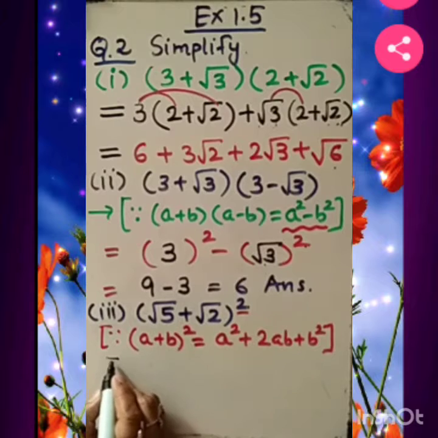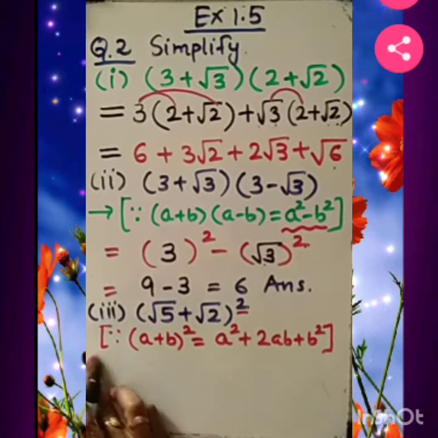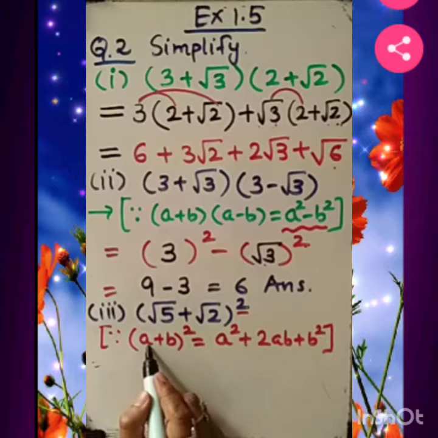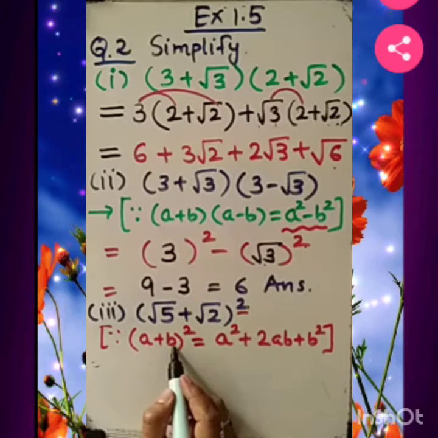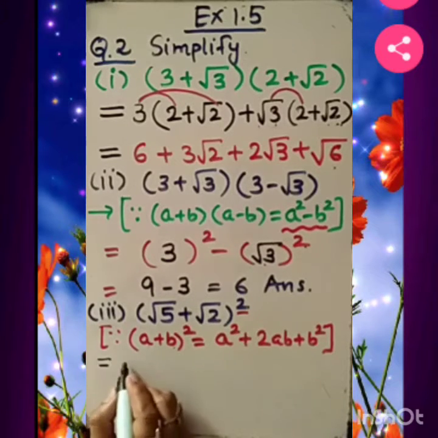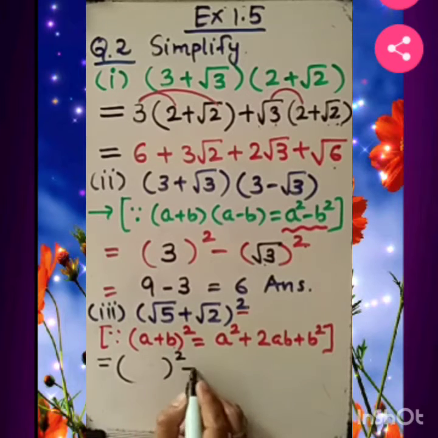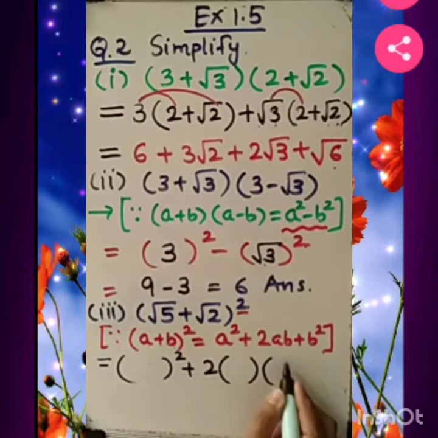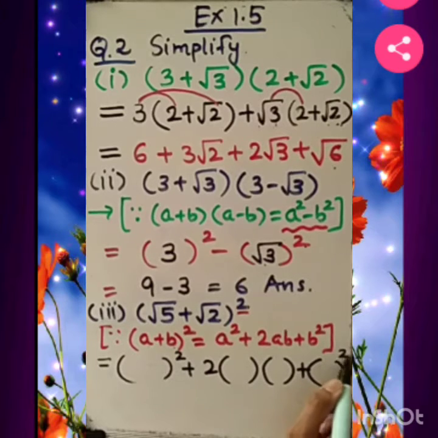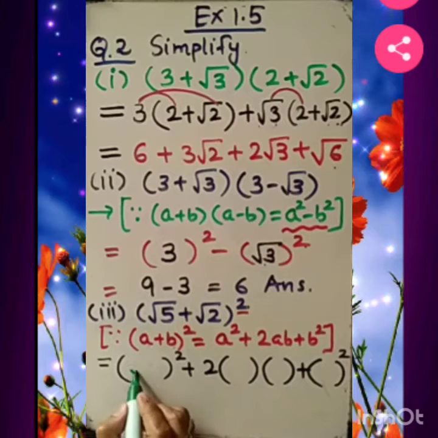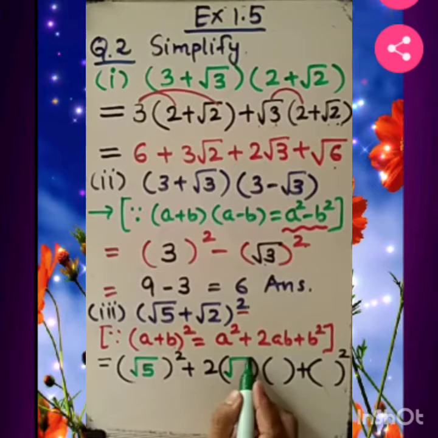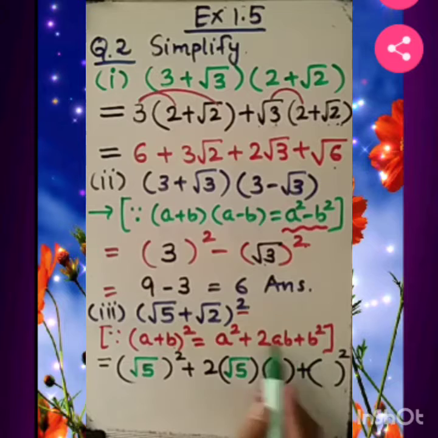So if I work this out, a must be root 5 and b must be root 2. Putting the values, the expression will become a square plus 2ab plus b square. Now what is the value of a here? That is root 5. What is b?